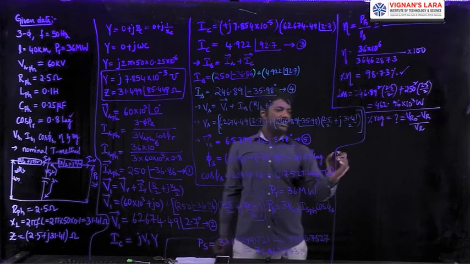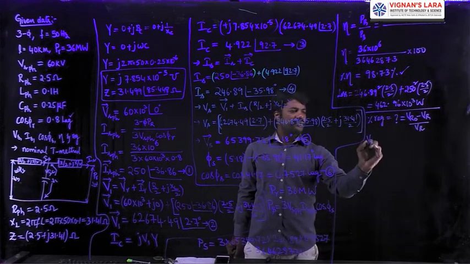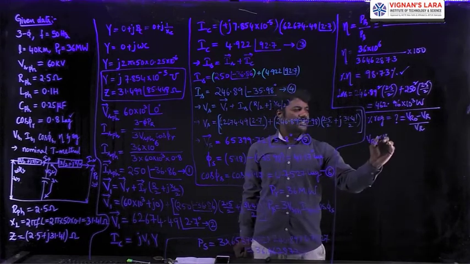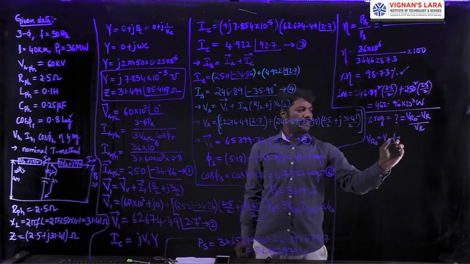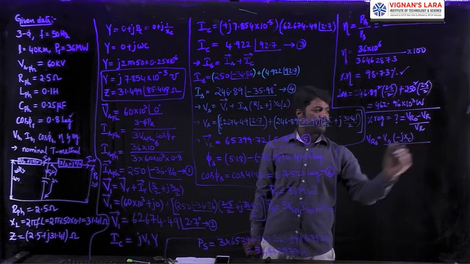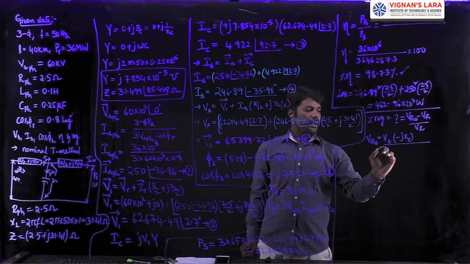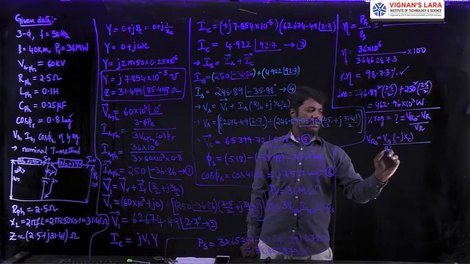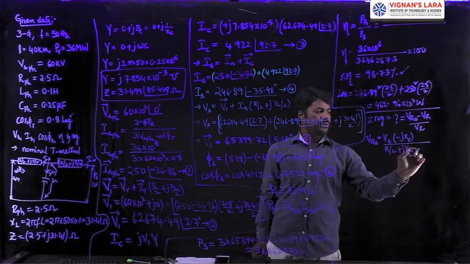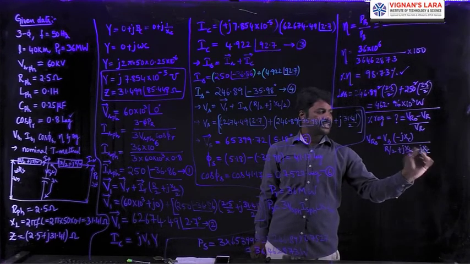Next, to calculate VR naught, the formula is VR naught equal to total voltage calculated Vs into minus jXC divided by the total impedance, R by 2 plus j XL by 2 minus j XC.